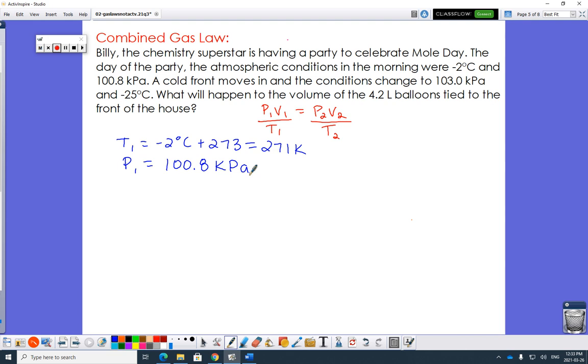If you listen to weather reports, they often use either kilopascals or just pascals. It doesn't have to be like that. You just want to make sure they match. So kPa, we're good, okay? The volume of the balloons is 4.2 liters. And we're going to mathematically figure out what happens when you change the temperature.